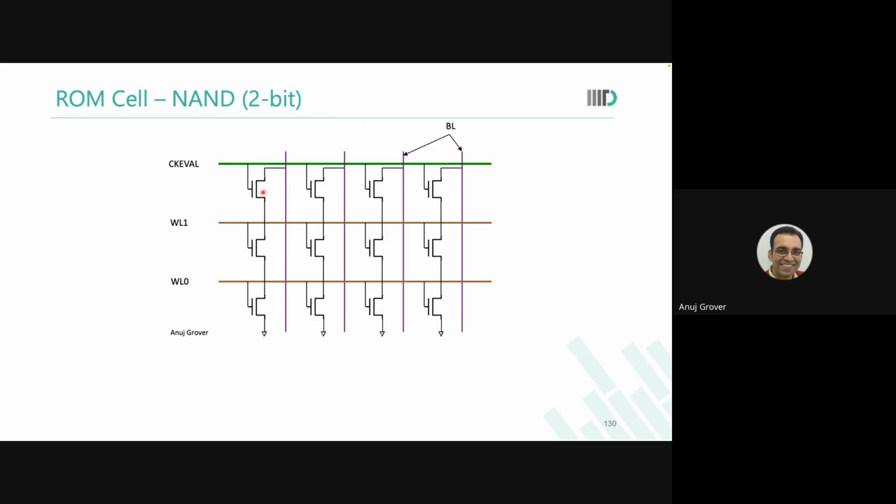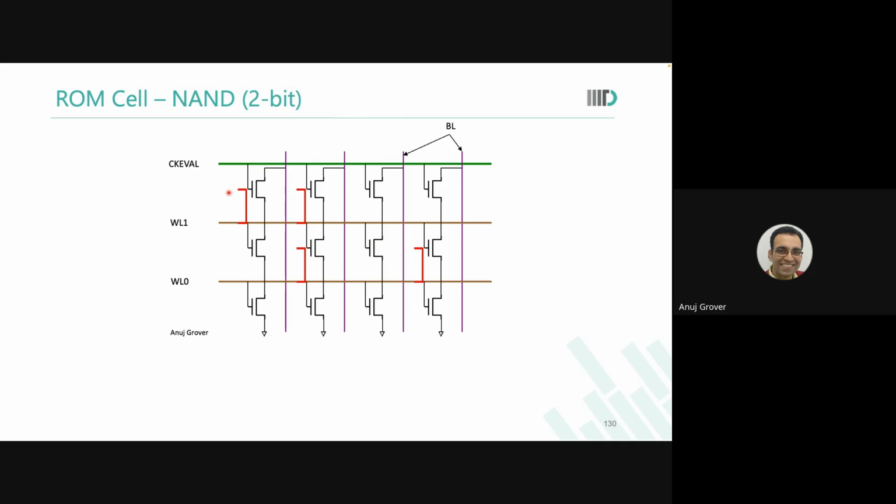Now, what is happening here? Bitline is not connected to every program cell. Bitline is connected only at the top of the stack. At the top of the stack, I have clock going. Only when the clock comes, my bitline will discharge. This clock can be at the bottom of the stack also, but wherever. Okay. Now, how do you program?